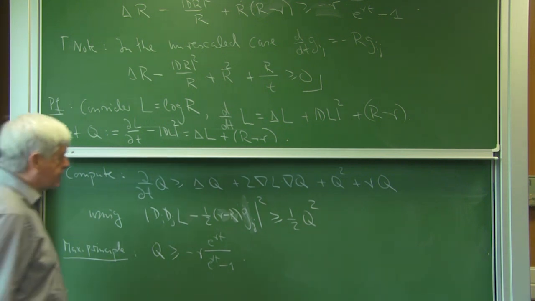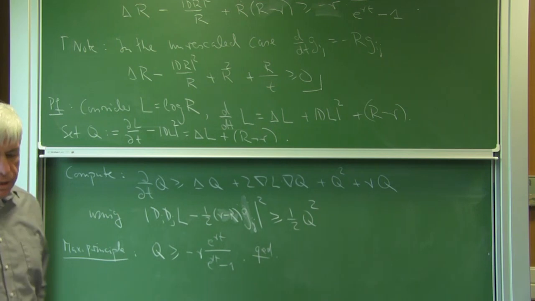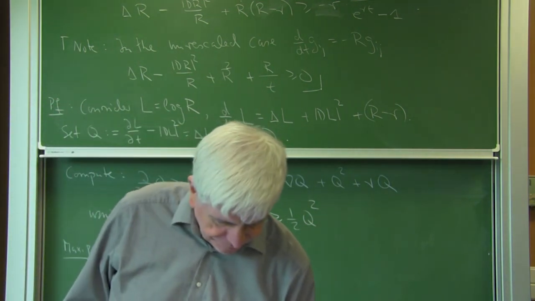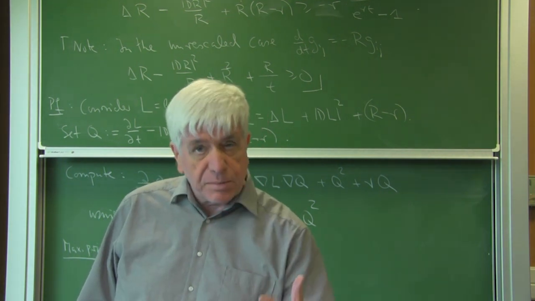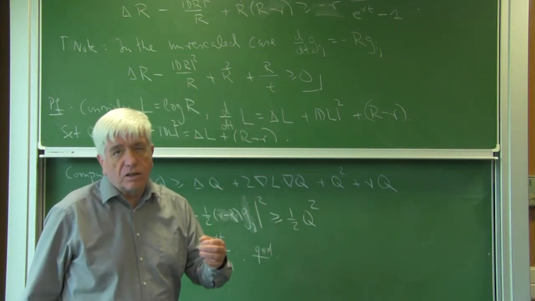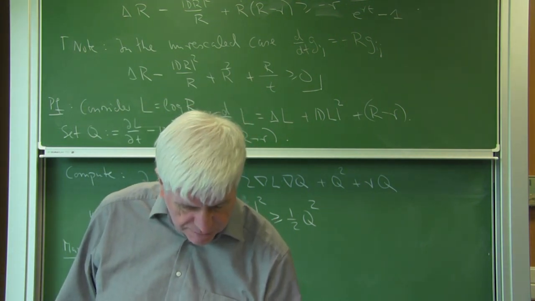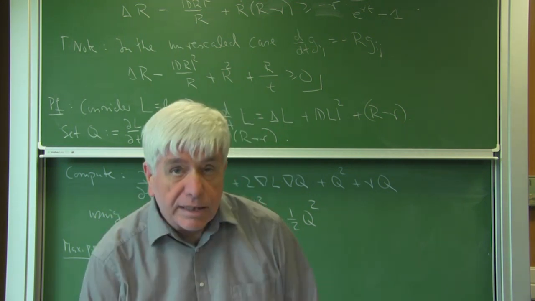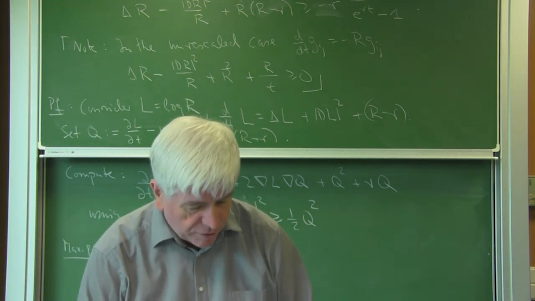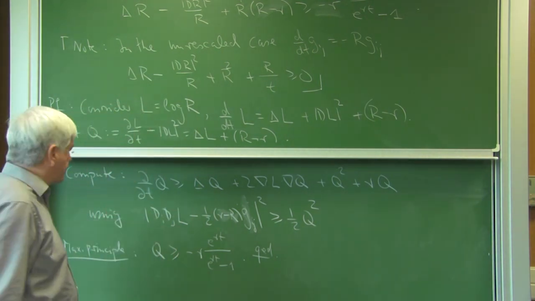And that's the theorem. And now once you have the estimate on the Q, and therefore the estimate on d/dt of the logarithm of R, you can now proceed just as before and integrate everything up along a curve connecting two events in space-time.